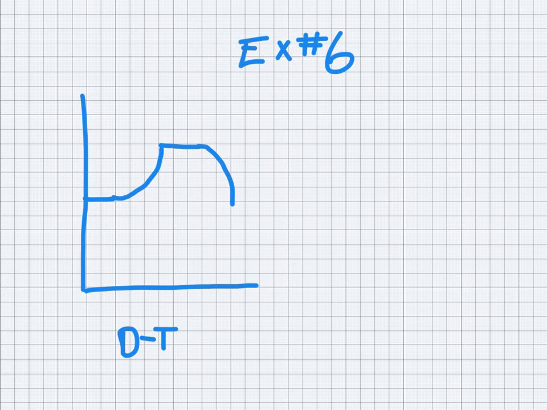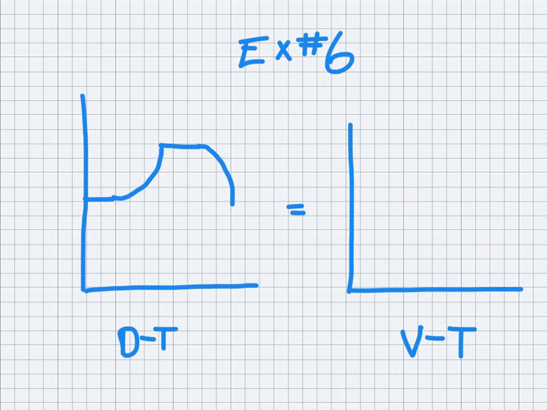This graph actually has 4 parts to it. Let's see if we can figure out the 4 parts. First we have this part, then we have this part, then this part, and then this line. We haven't covered that one yet. What on earth is going on there?